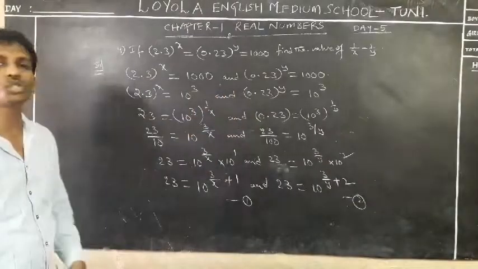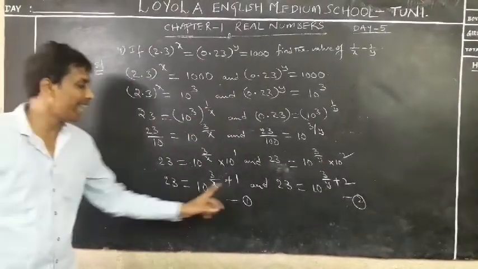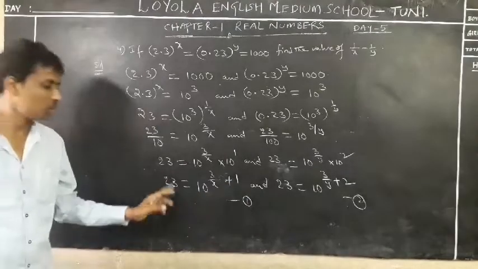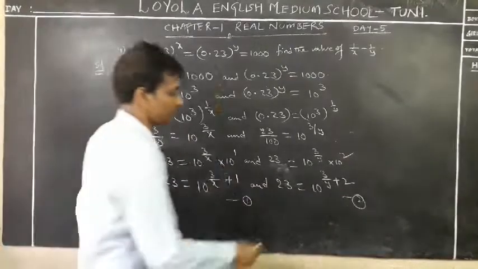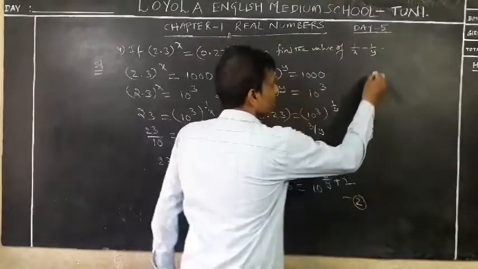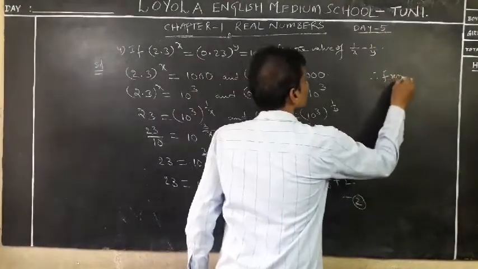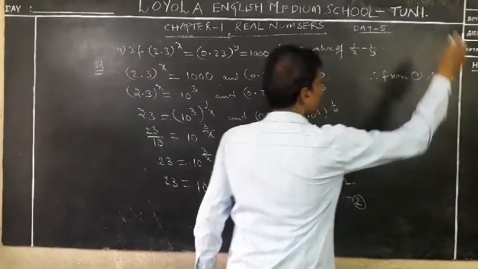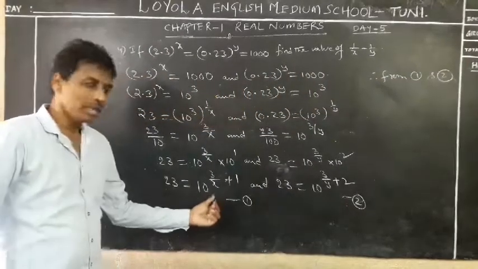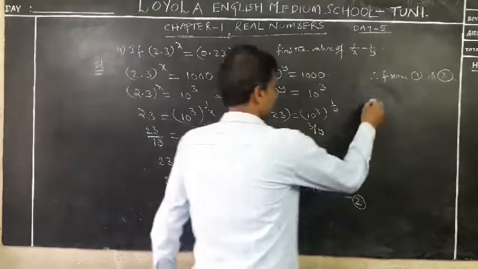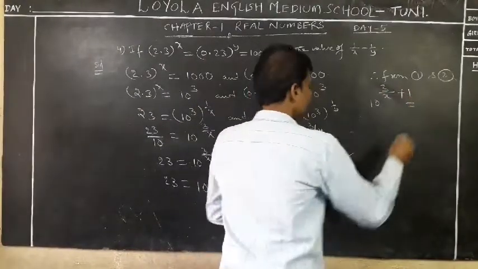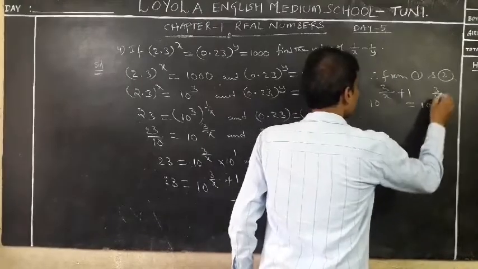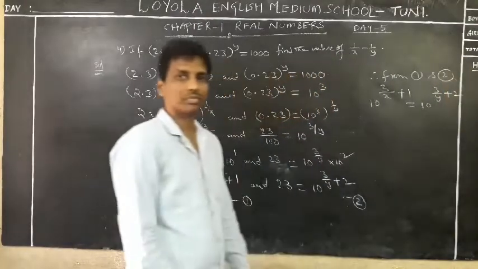If you observe these two equations, both the LHS are the same, 23 and 23. So can we equate the RHS? Therefore, from 1 and 2, equating RHS, 10 power 3 by x plus 1 equals 10 power 3 by y plus 2.